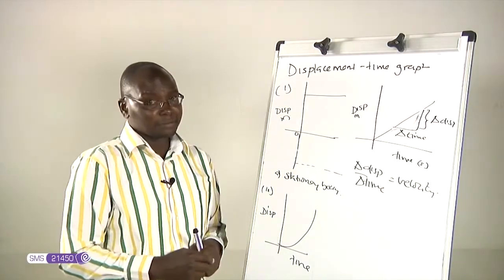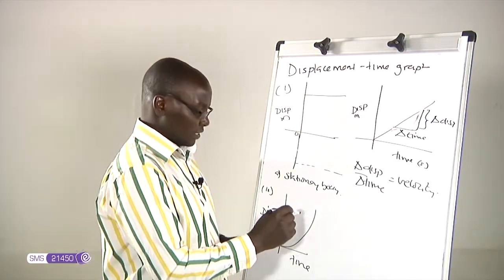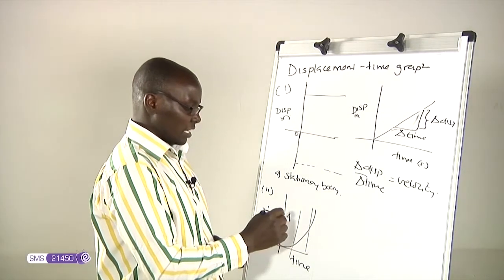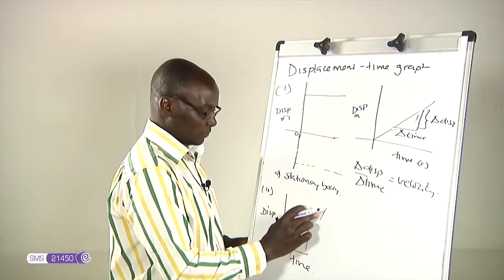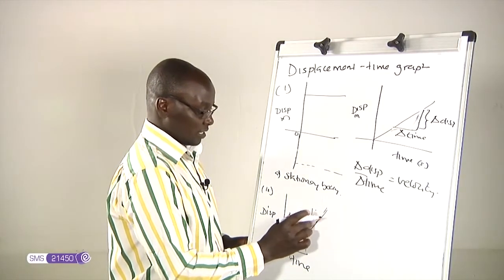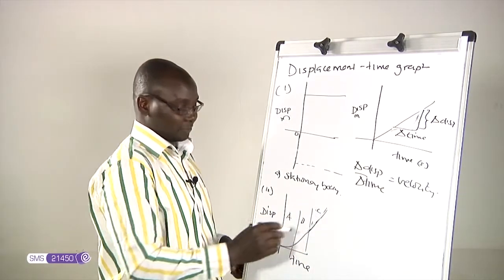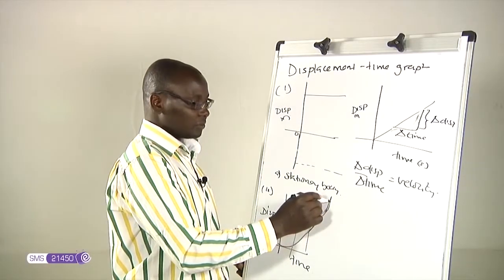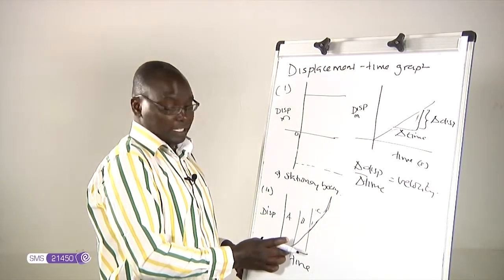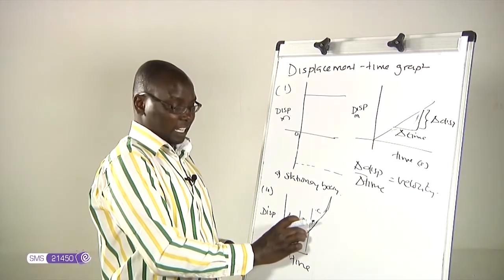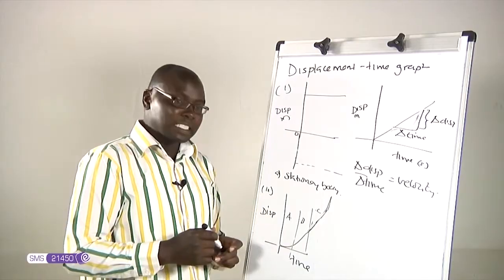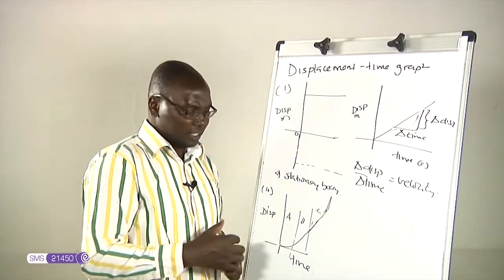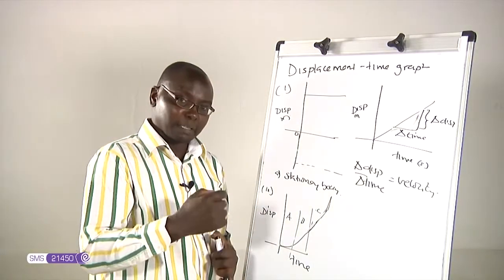Now looking at this, if we can divide this into several portions, that's A, B, let me try to do it that way now. That way, then we have C there. Part A is almost flat, becoming steep, and even part C now becoming even steeper. So what does this steepness represent in this graph? It represents the velocity.